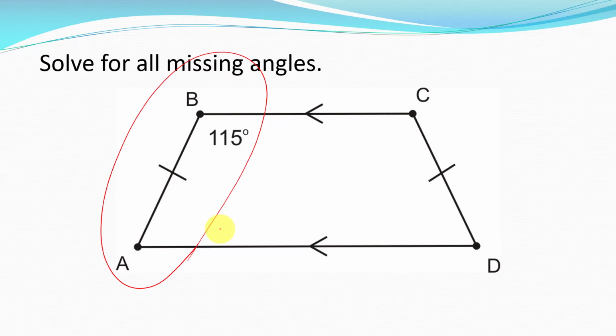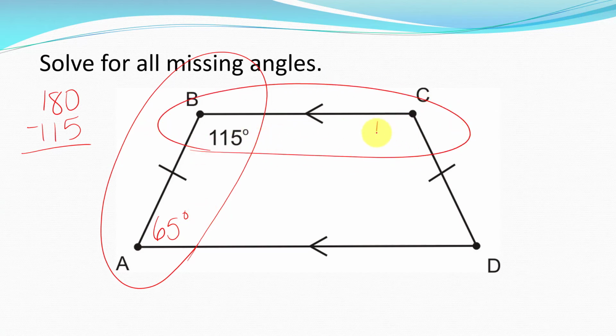So this one would have to be 180 minus 115, which is 65 degrees. And then we know these angles are congruent, so 115 and 65.